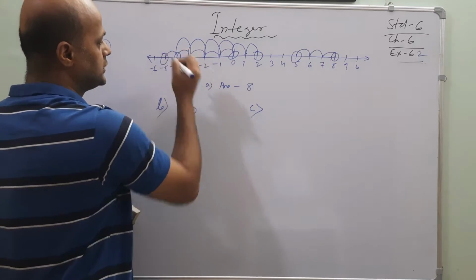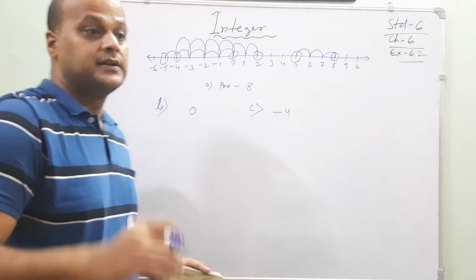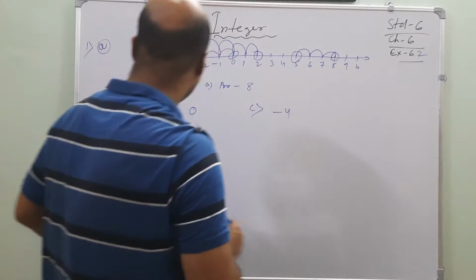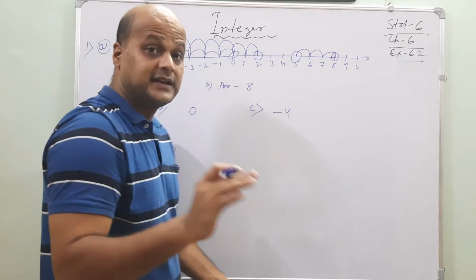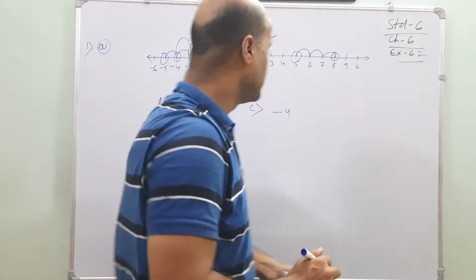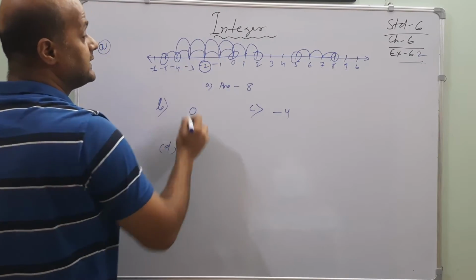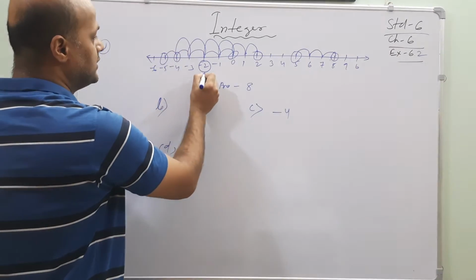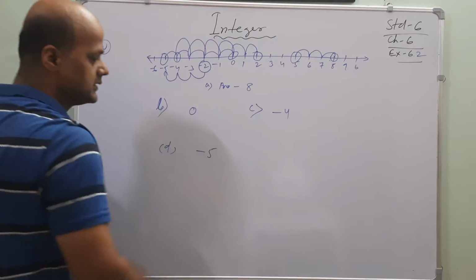So the answer is minus 4. Understood? D is saying 3 less than minus 2. Less means again decrease: 1, 2 and 3. What is the number? Minus 5.